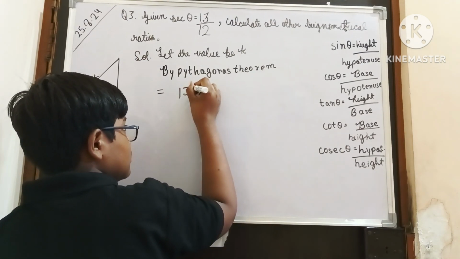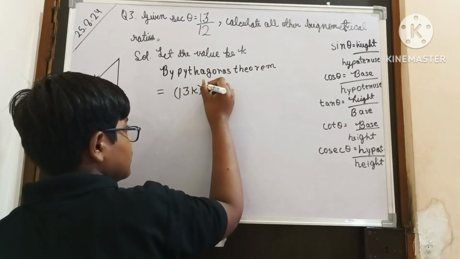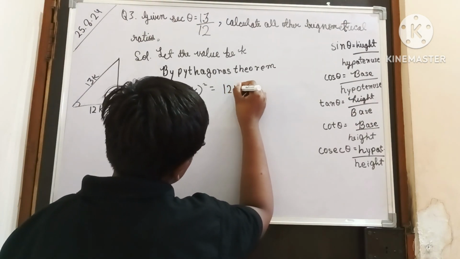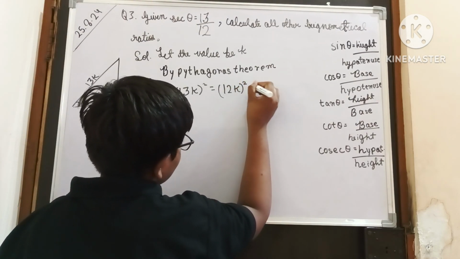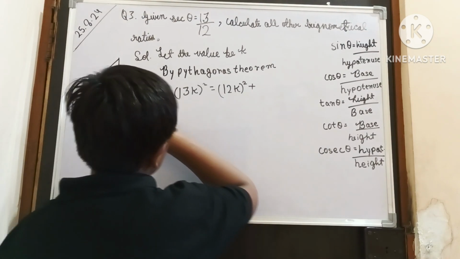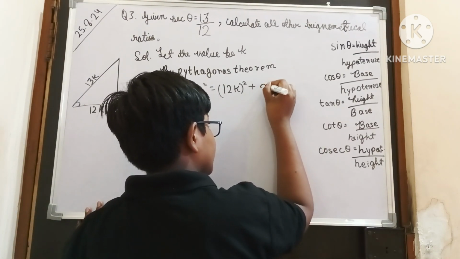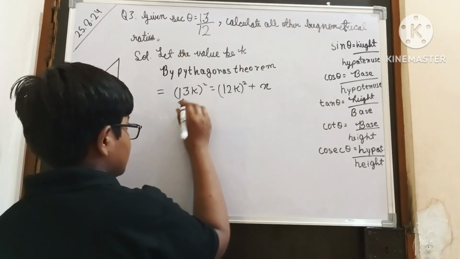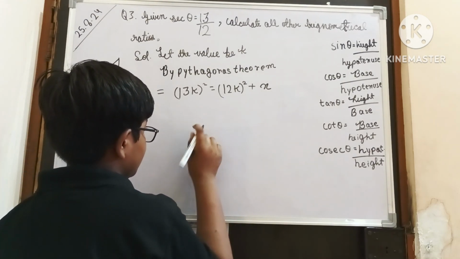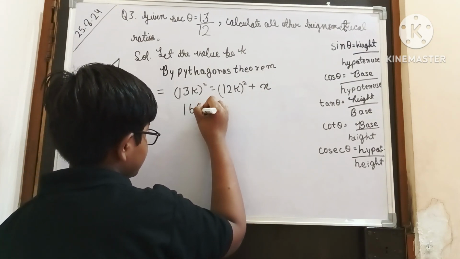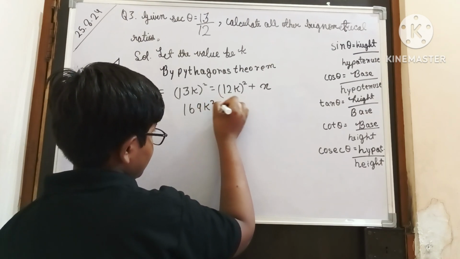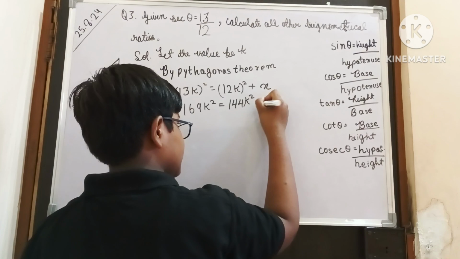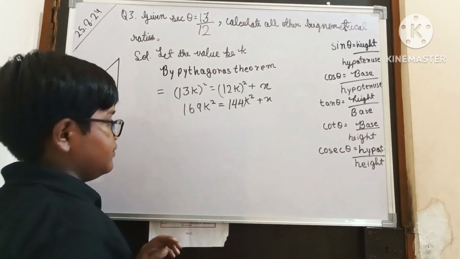So 13k square is equal to 12k square plus this line, let's say x. So 13 square is 169k square, and 12 square is 144k square plus x.